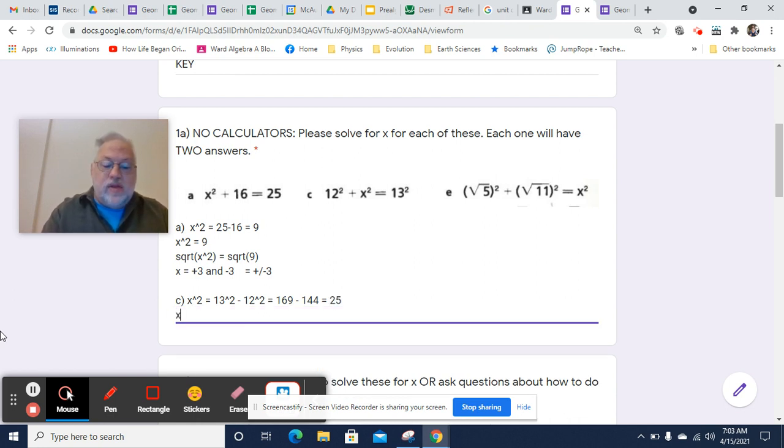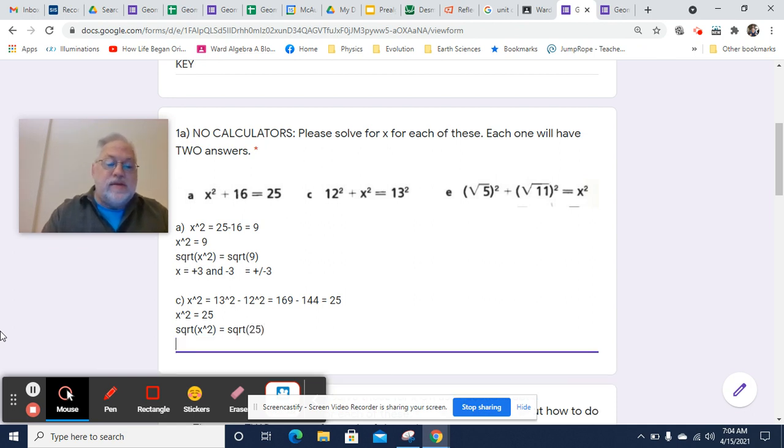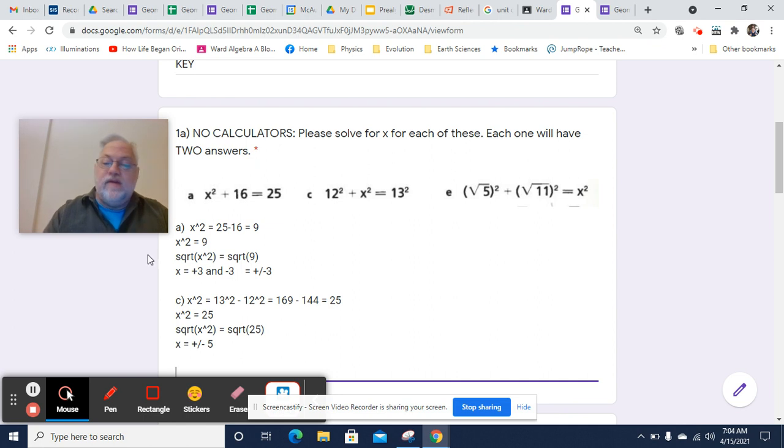And so x squared equals 25. Then we get the square root of both sides. And I think you're probably already thinking 5 and negative 5, but let's do it. Square root of 25. And so that's going to be, of course, x equals plus or minus 5. Once again, that's saying 5 and negative 5.